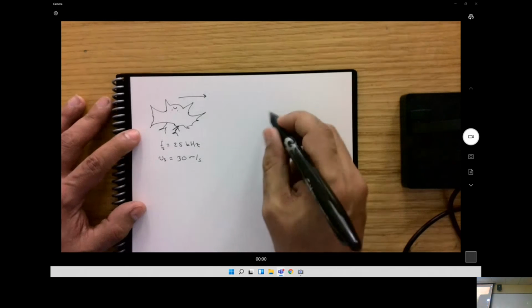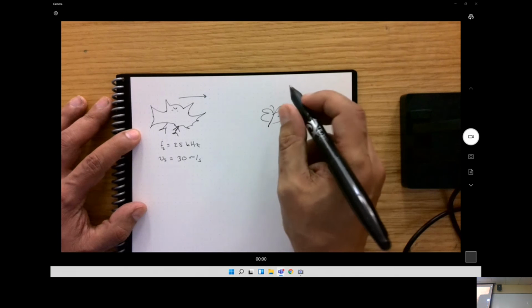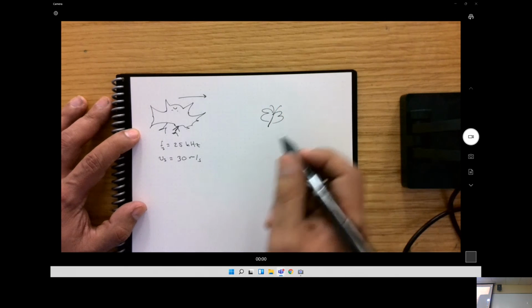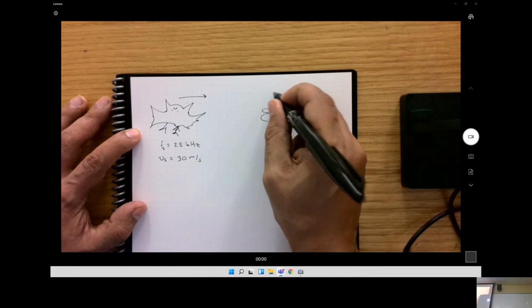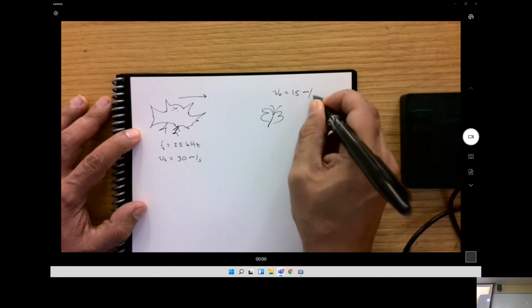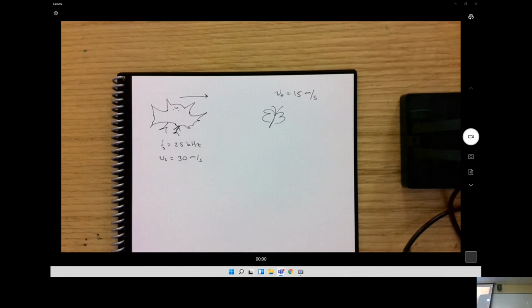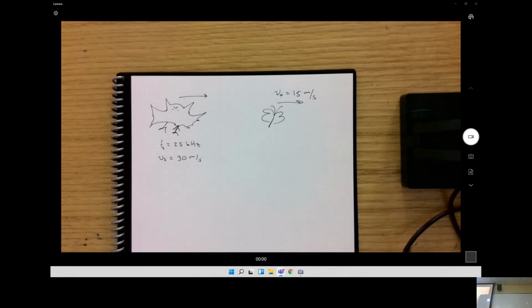Okay, and it's gonna be chasing a moth that is traveling at a velocity of 15 meters per second. And they're chasing each other.